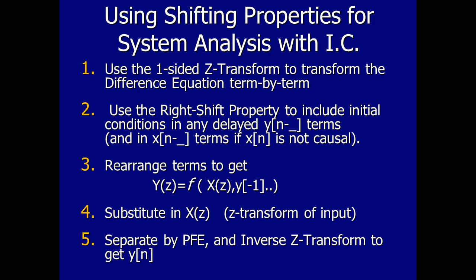Get my signs right, plus little y of minus 1. Double check, according to that property, right? And equals X of z in this case.